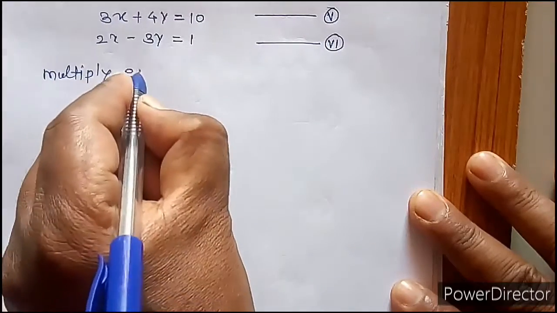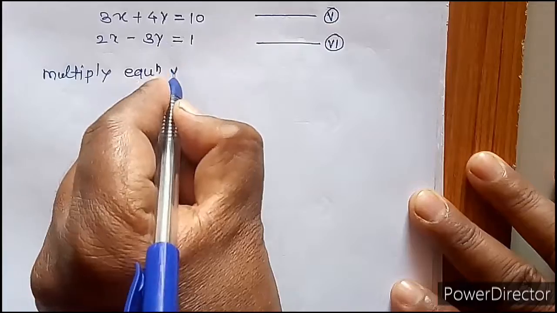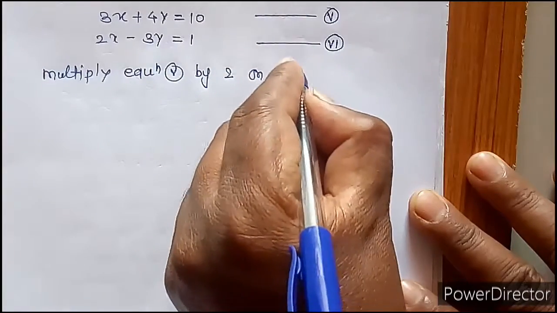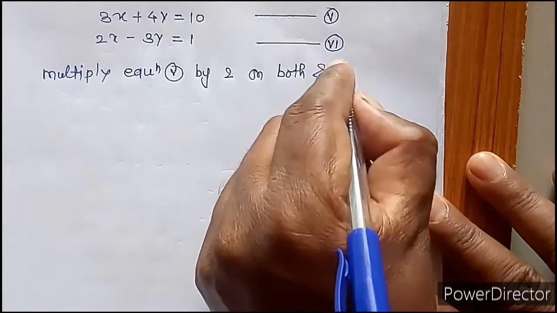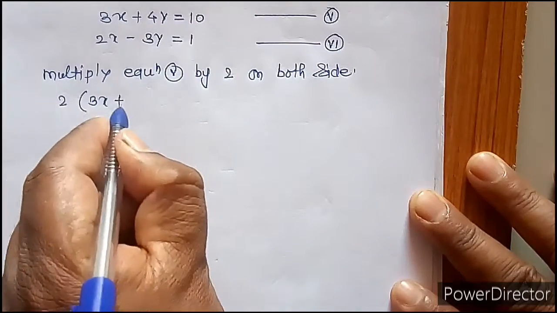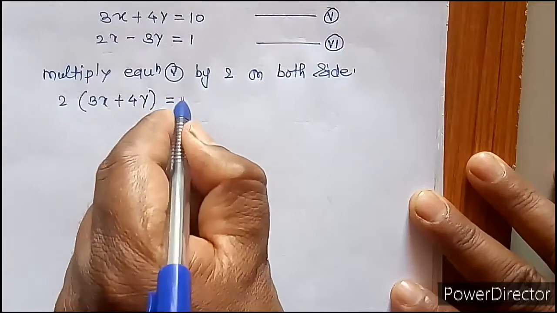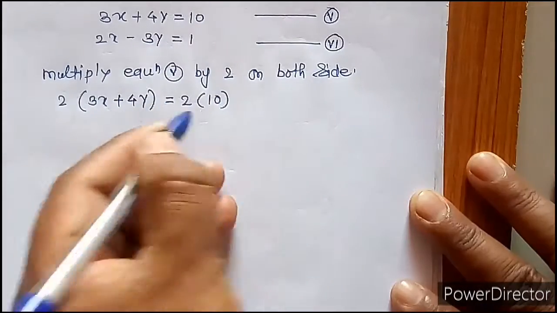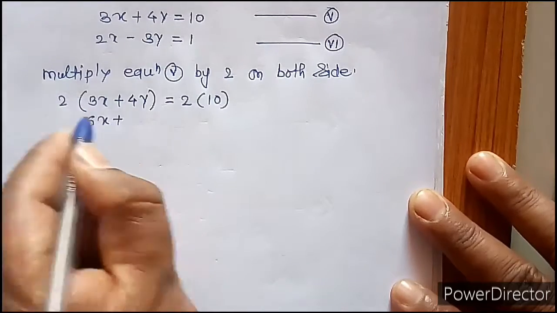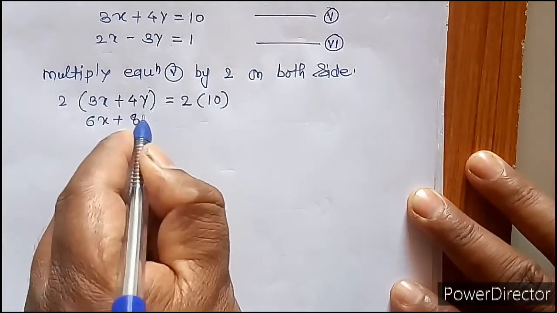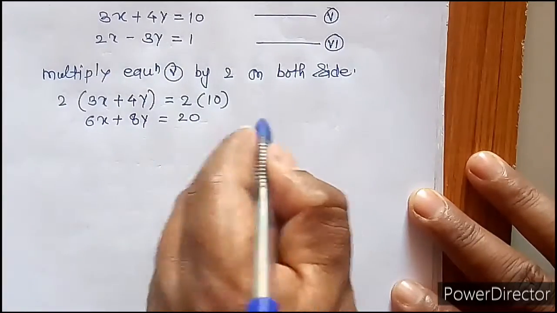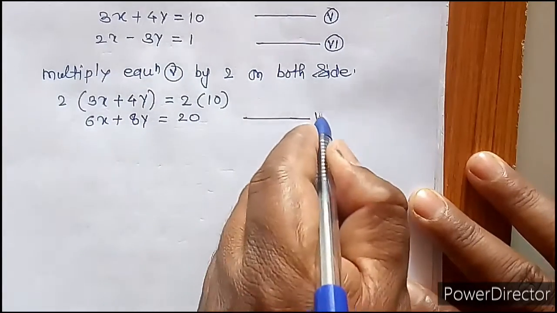Multiply equation 5 by 2 on both sides. We get 2 into (3x+4y) equals 2 into 10, that is 6x plus 8y equals 20. We get this new equation, equation number 7.